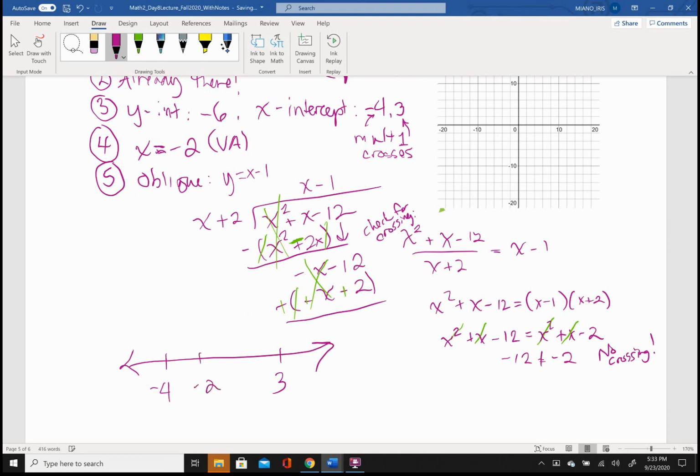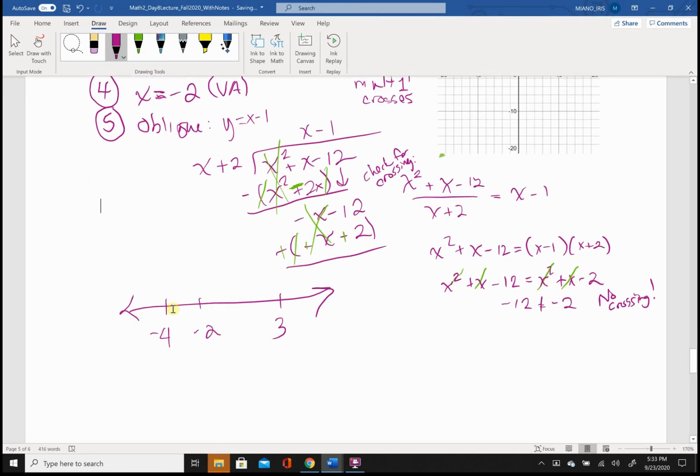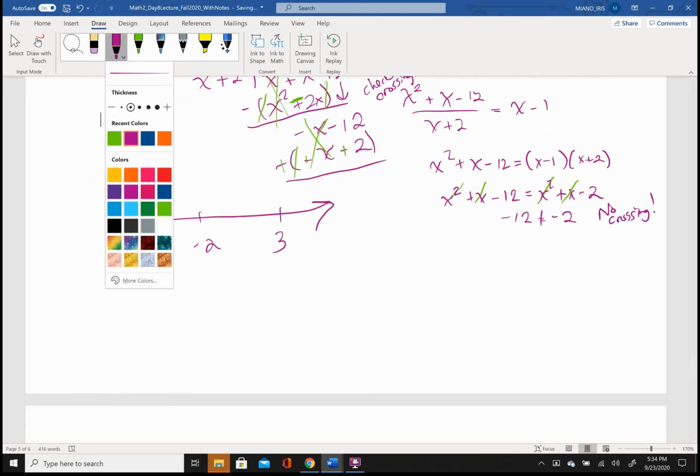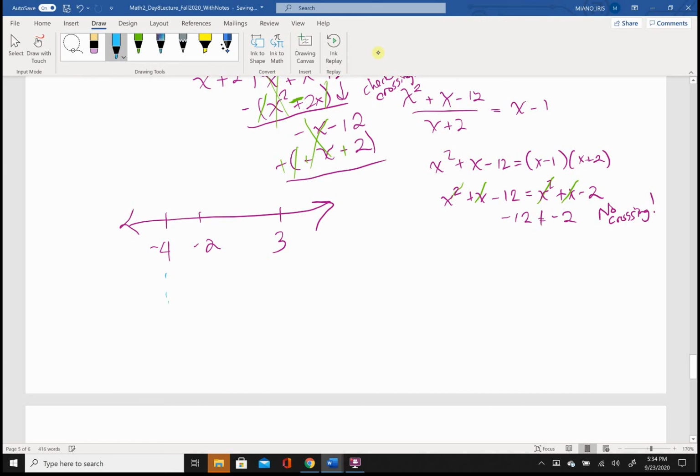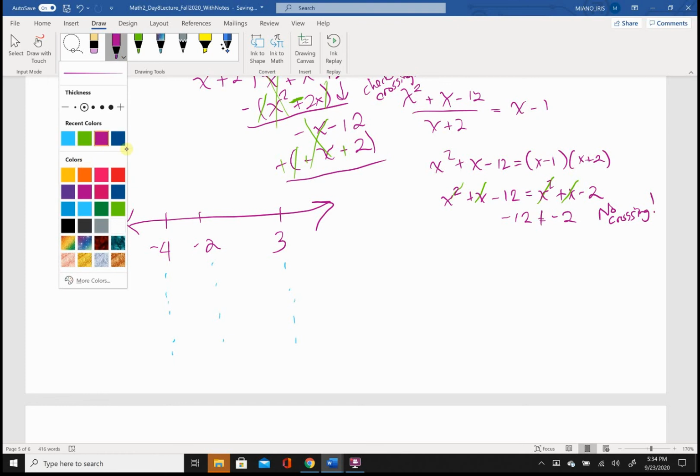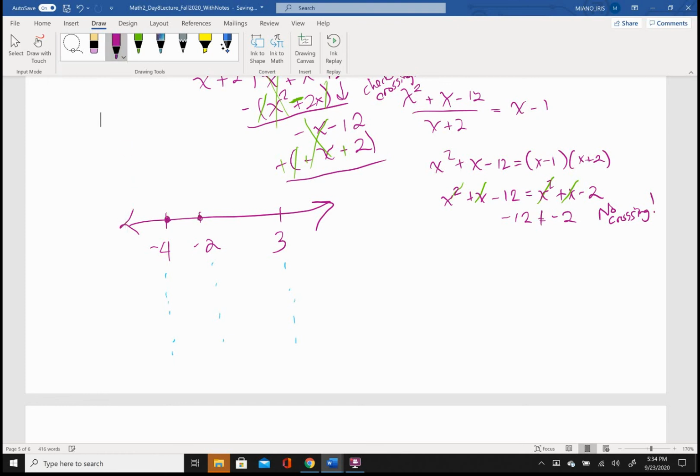What I like to do is use some colors, and I'm going to choose another color here. How about this blue? And then I'm going to do some dashed lines to separate these areas and ask what are some representative members on either side of these little tick marks. You could make them dots if you want.